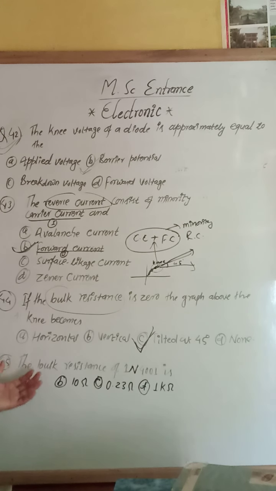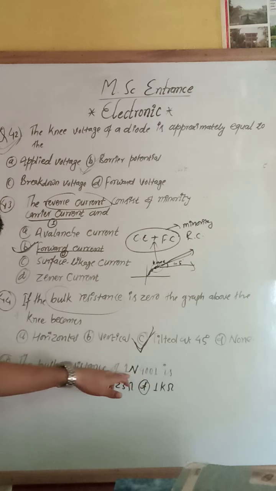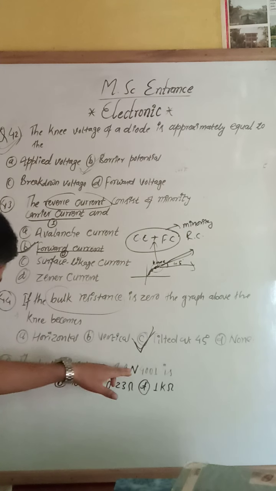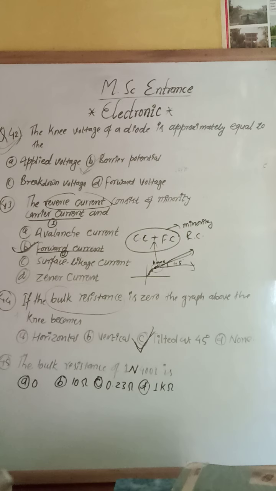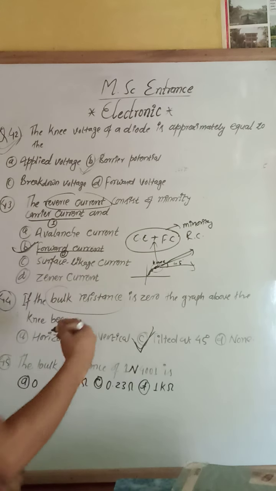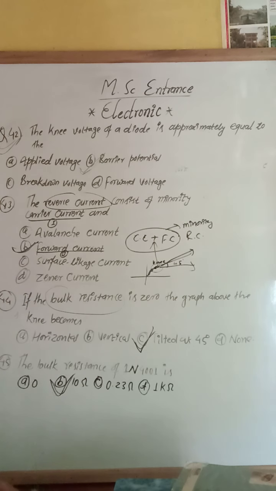And we should know how many ohm this bulk resistance contains. Its right answer is option number B.